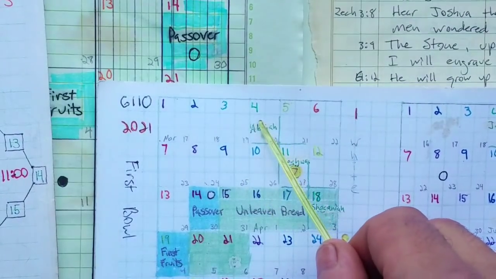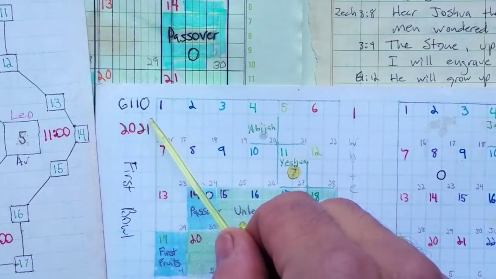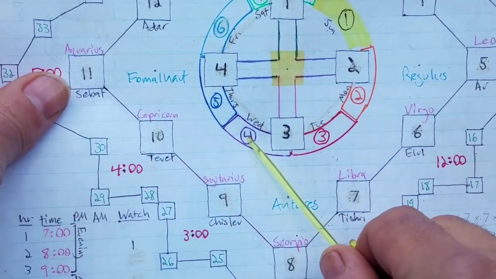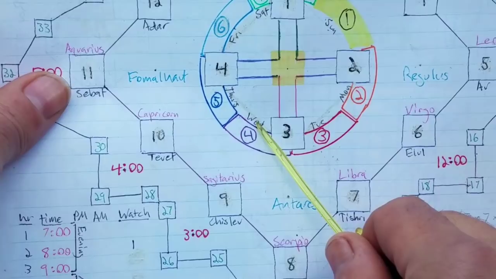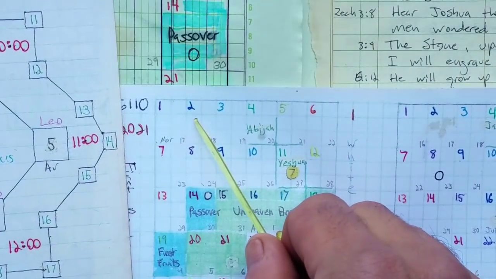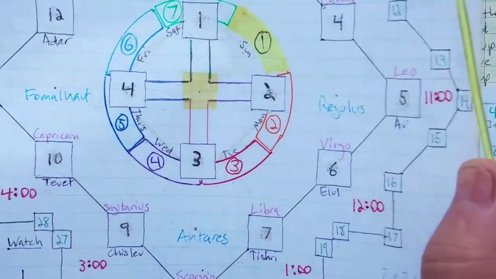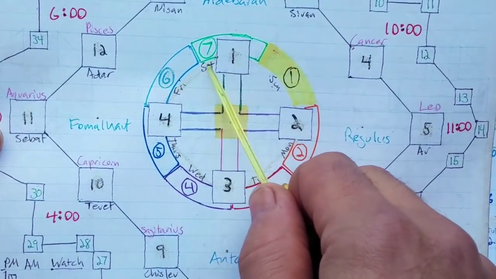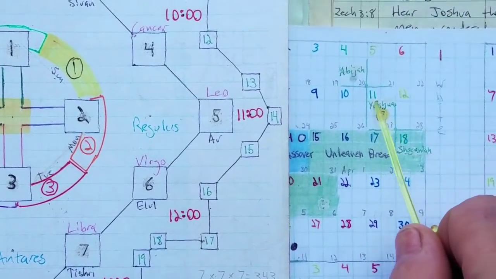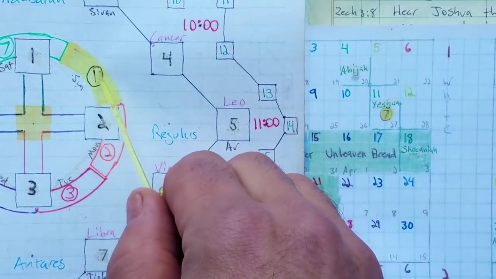The first day is purple, and purple is Wednesday. Dark blue is Thursday. And then light blue, Friday. Saturday is green, right? Then Sunday is yellow.